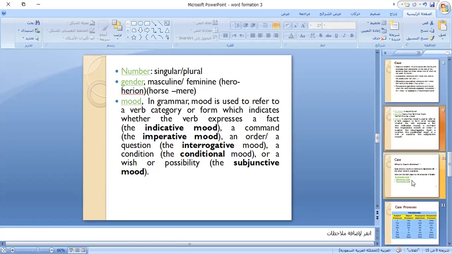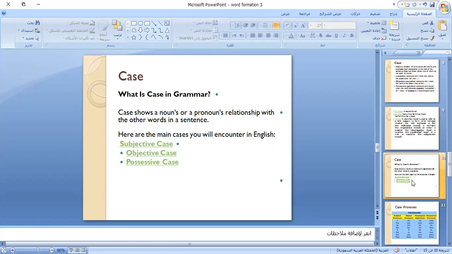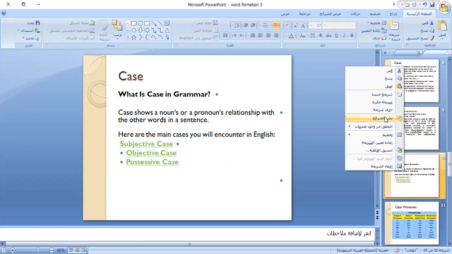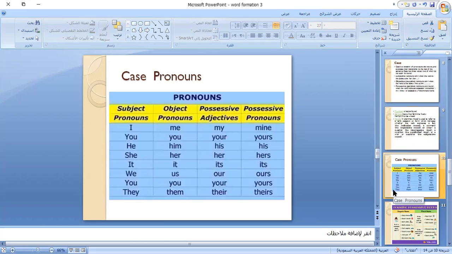Now, here are the forms of case pronouns. In the case of subject: I, you, he, she, it, we, they, you. Now, in case of object: me. Look at me. I look at you. I look at him.